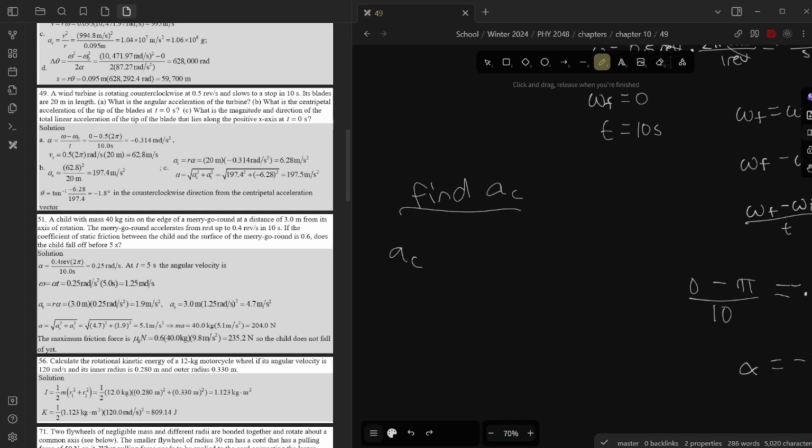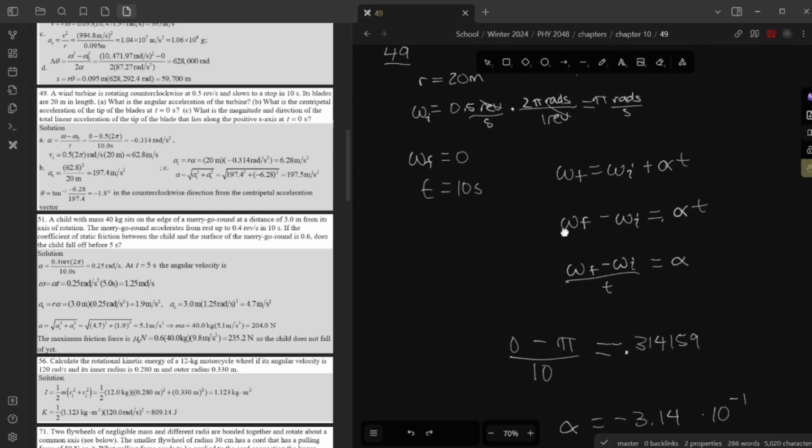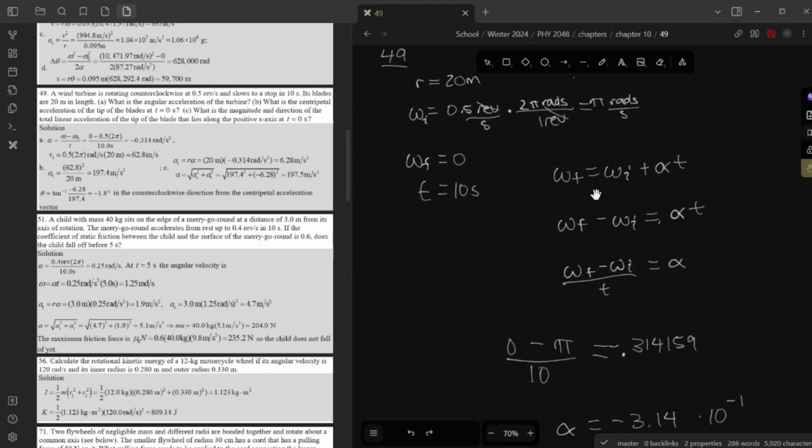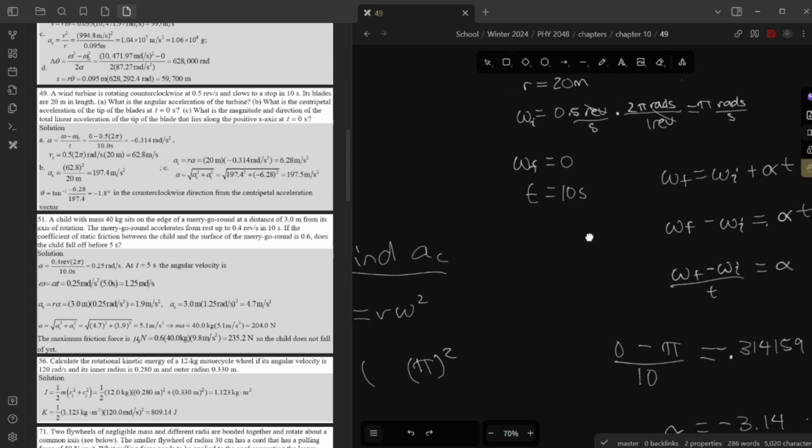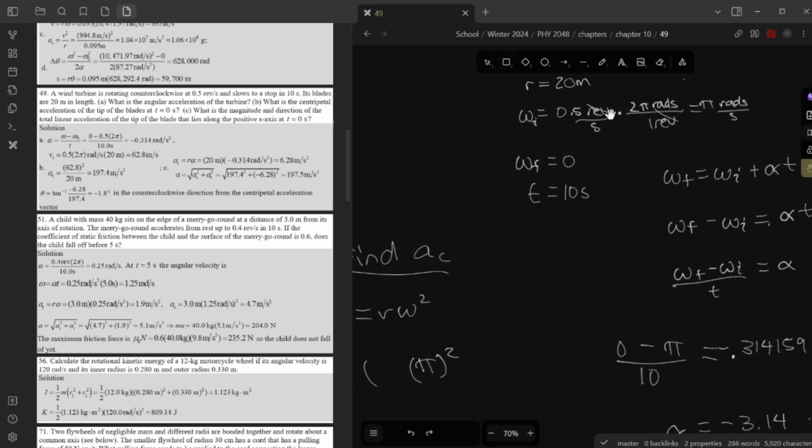So if we look at our equation, a sub c equals r omega squared. And it's saying at t equals 0, so that's the initial omega. So that's pi radians per second. So you can just write pi squared. And then our radius was 20. Right.